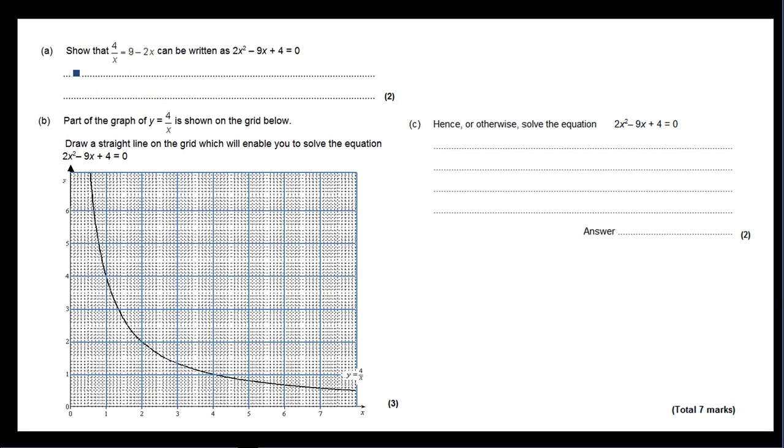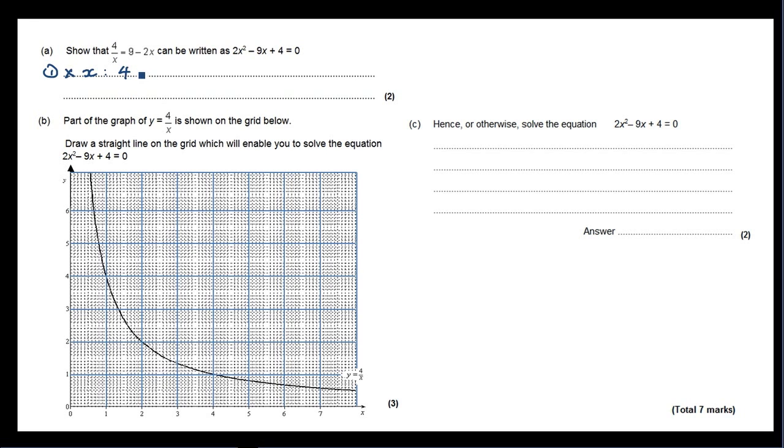We start by multiplying through by x, so if I just put times x as our first step, it's a rather eccentric way of writing this out, but it just gives the examiner some idea of what we're doing. So multiply both sides by x, multiply 4 over x by x, and you eliminate that x.